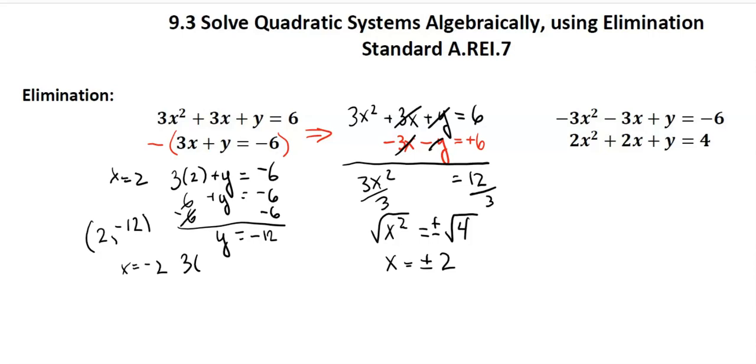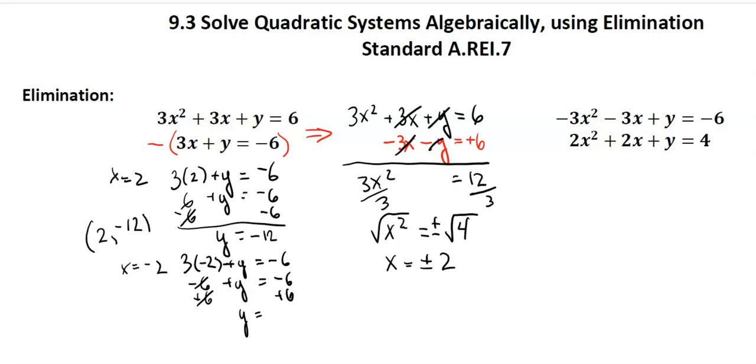And then if we take x equals negative 2, put that in for x, that gives us 3 times negative 2 plus y equals negative 6. 3 times negative 2 is negative 6, plus y equals negative 6. So then add 6 to both sides to cancel the 6 on the left.